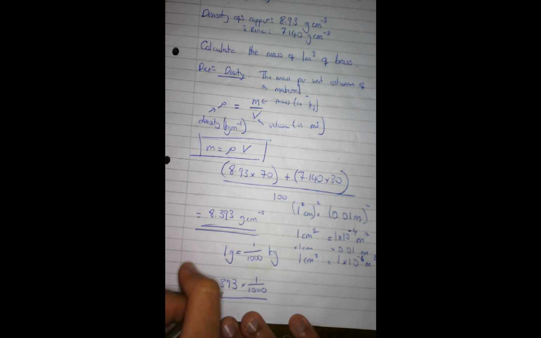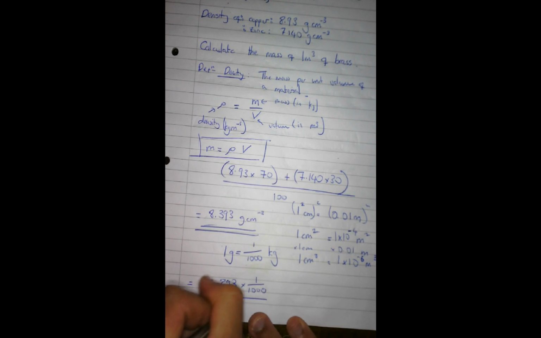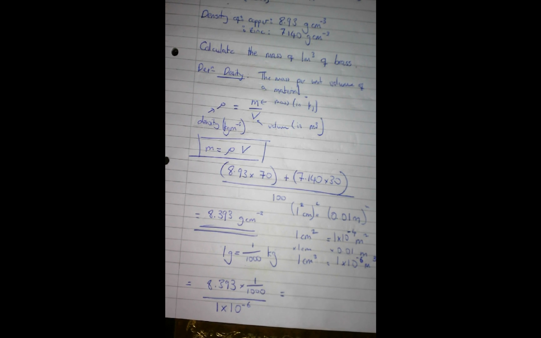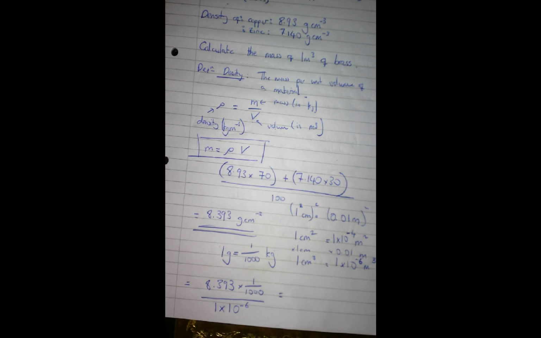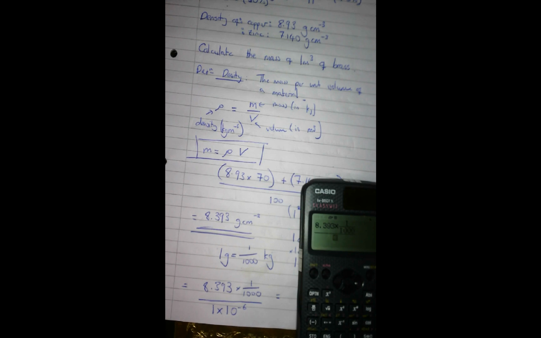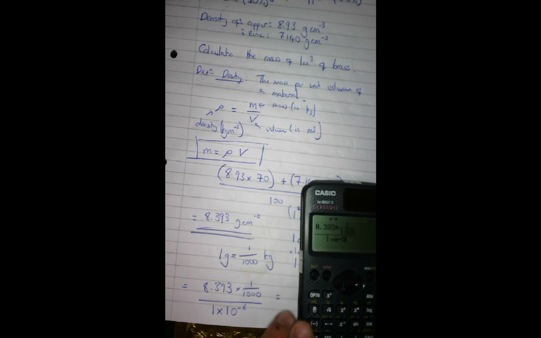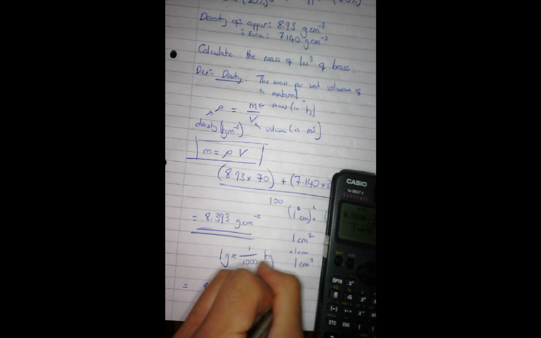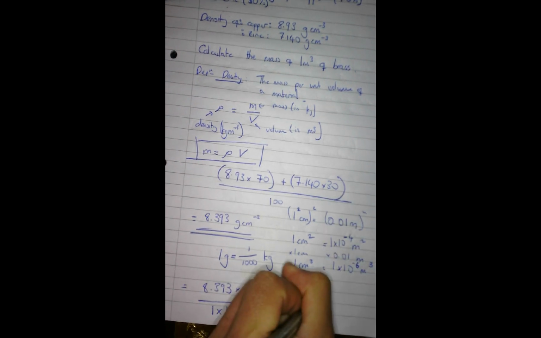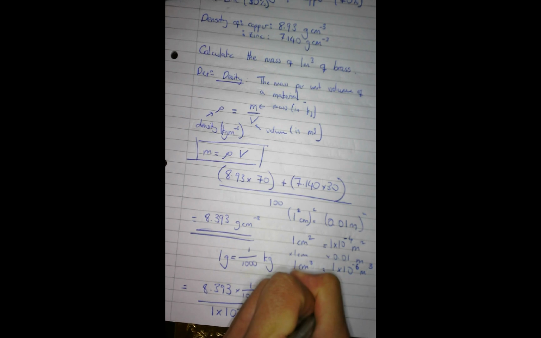So we end up with that. So we're dividing that by 1 times 10 to the minus 6. And when we do that, putting it into the calculator now, that gives you 8393 kilograms per metre cubed.